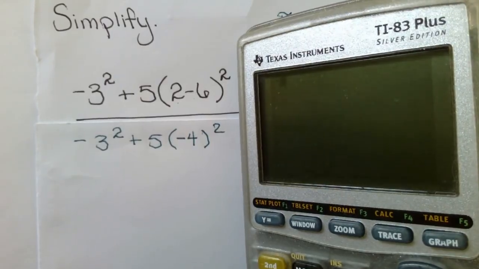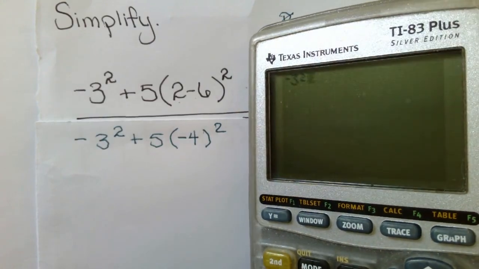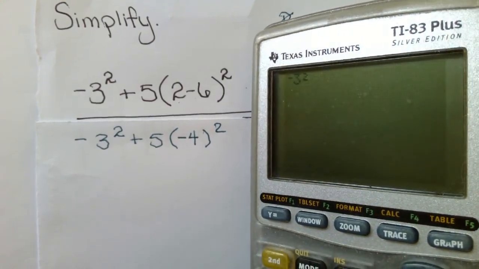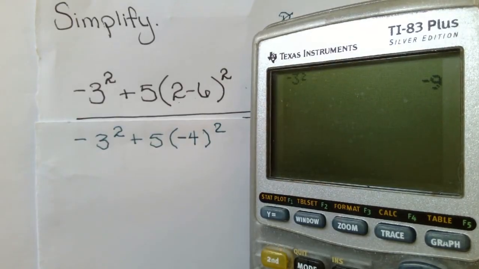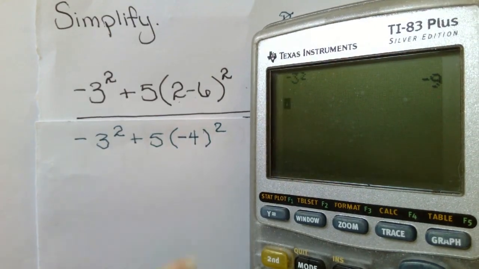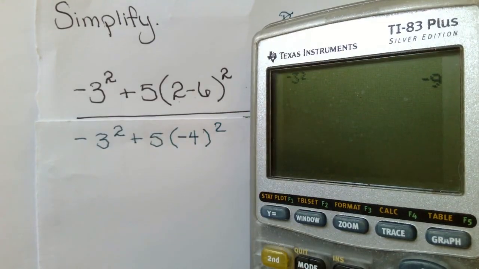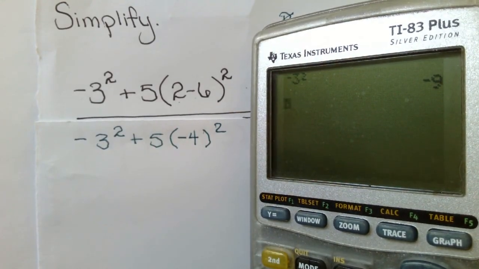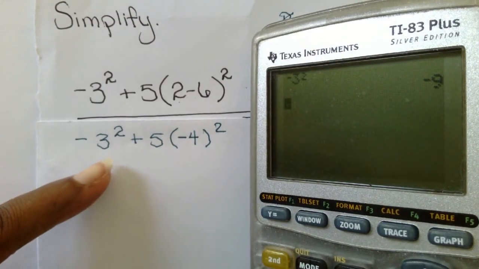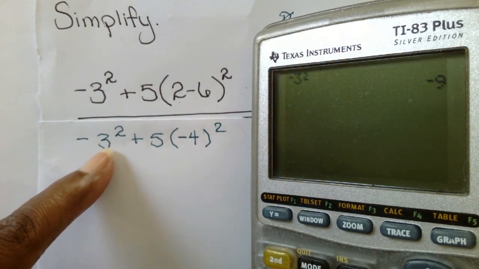So if I type in negative 3 squared without parentheses, notice I get a negative 9. Because you're telling the calculator, I want you to square the 3 and then tack on the negative. That's what's happening here, because only the 3 is being squared.